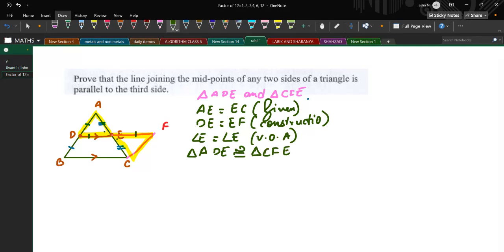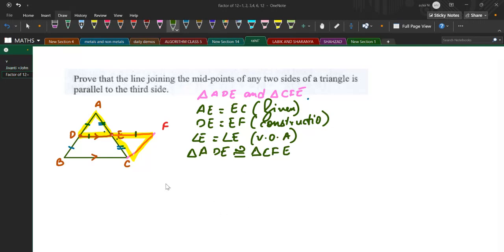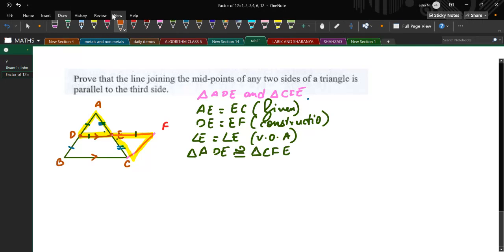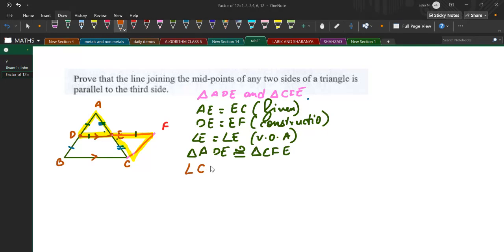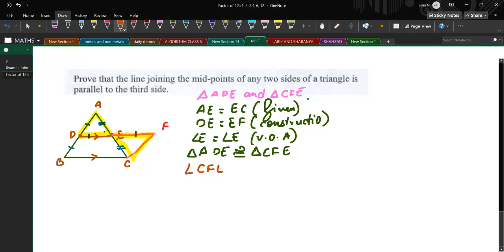Now this is congruency, not similarity like the previous class. When any triangles are congruent, their sides automatically become congruent, and their angles automatically become congruent. So we can say that angle CFE, this one, is equal to angle ADE, this one.